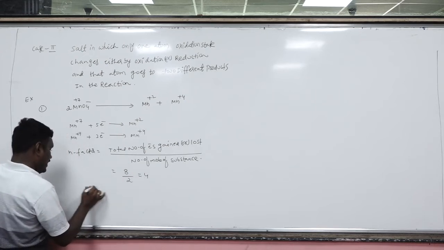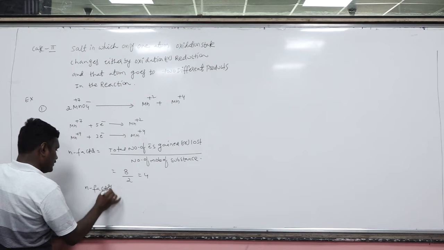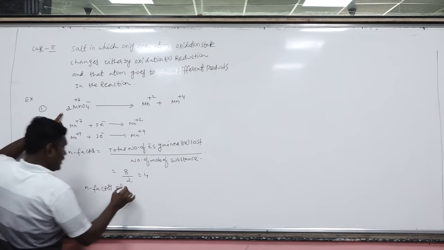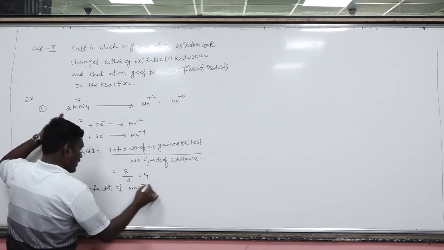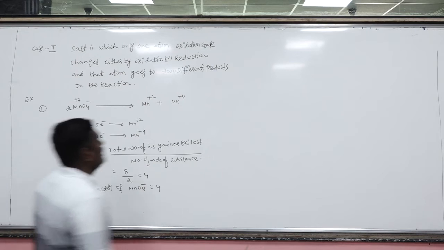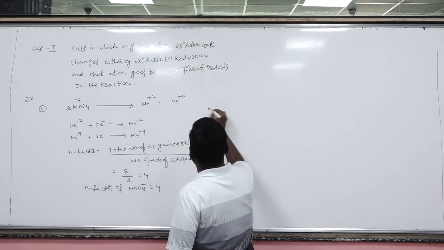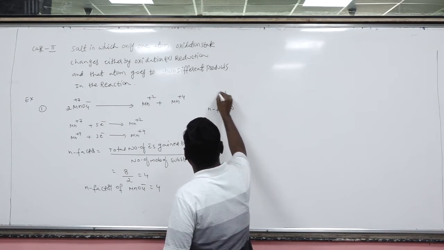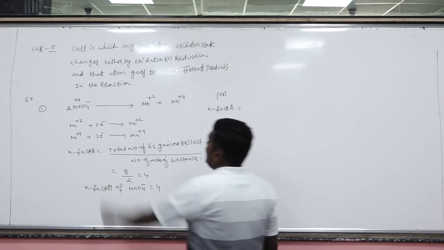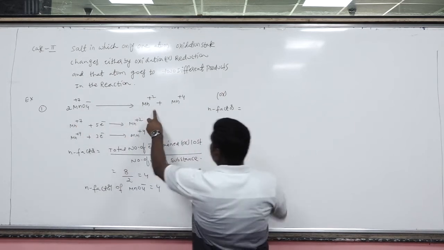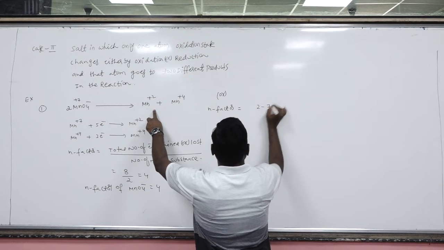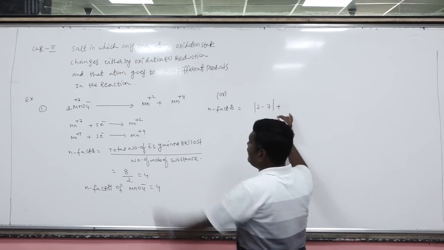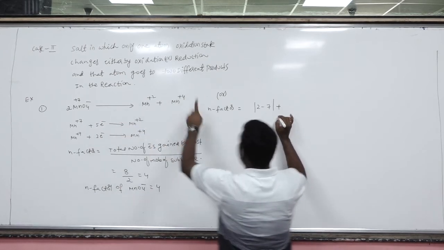So the N factor of MnO4- will be 4. Otherwise, we can simply do it directly like this. N factor is: 1 manganese changes from +7 to +2. And one more manganese is there, that also changes from +7 to +4.